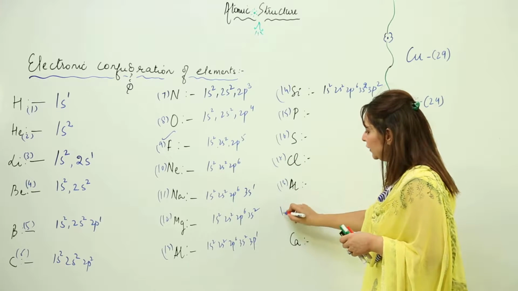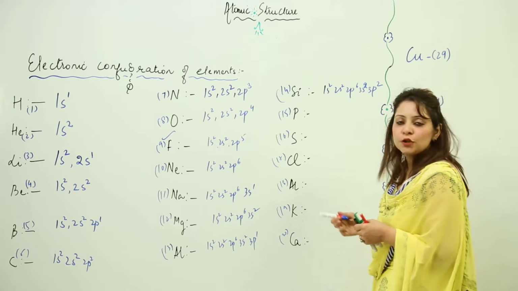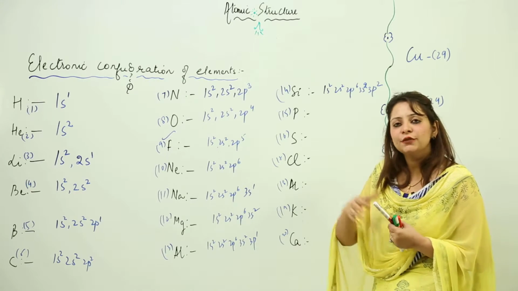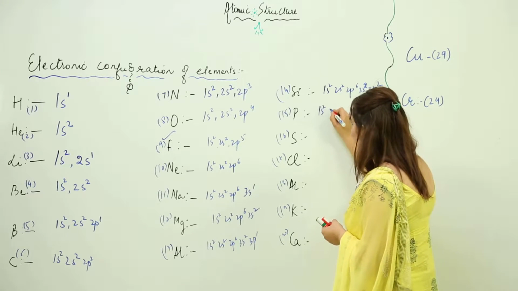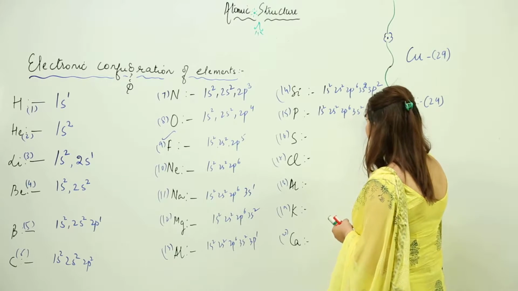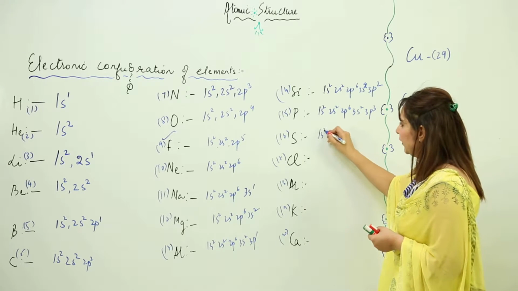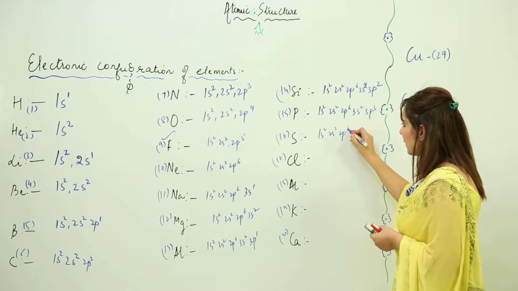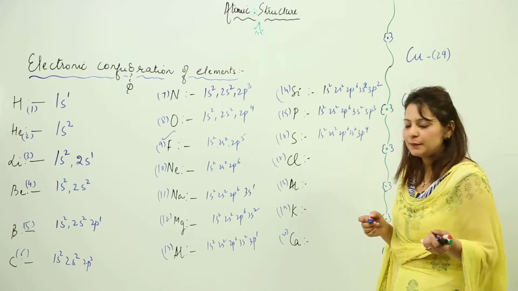Keep in mind, you need to learn the atomic numbers also. So at least learn the atomic numbers till 30 and try to have an idea for the other ones also. Now we will fill this: 1s2, 2s2, 2p6, 3s2, 3p3, 10, 11, 12, 13, 14, 15. For sulfur we have 3s2, 3p4, because p can have a maximum of 6.